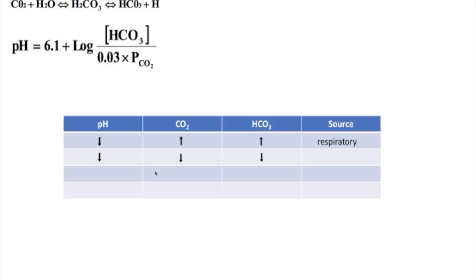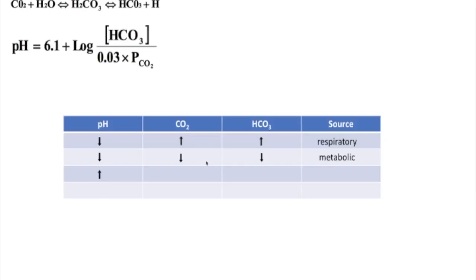So if we ask which of these parameters is causing our acidosis, the low bicarb, either due to diarrhea or due to some sort of a kidney problem, is what's driving this pH down. Because of the two parameters, it's the only one that will actually cause an acidosis. The drop in CO2 in this case is respiratory compensation. You're blowing off CO2, your CO2 is dropping, and therefore what we have on our hands is a metabolic acidosis.